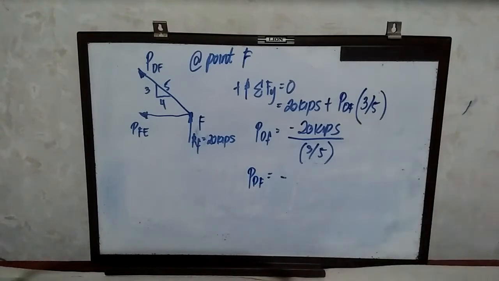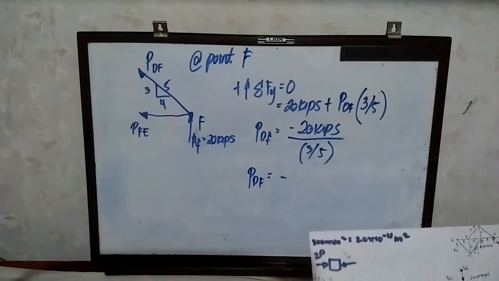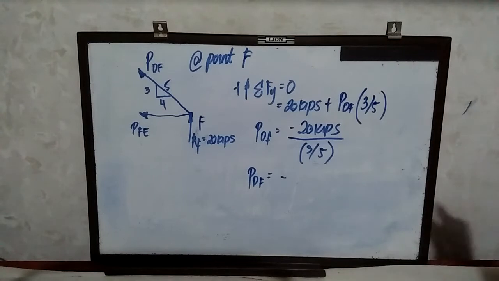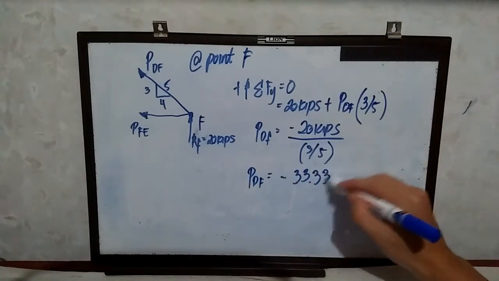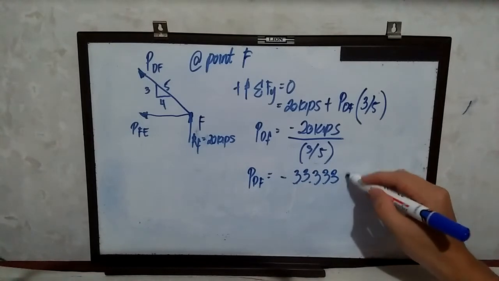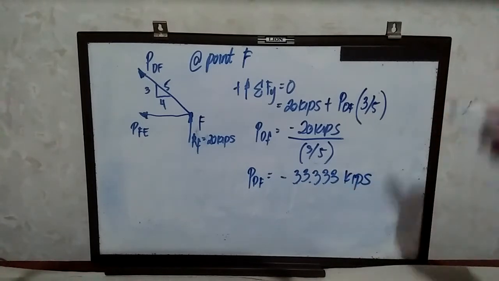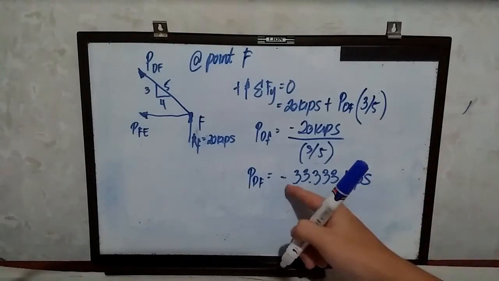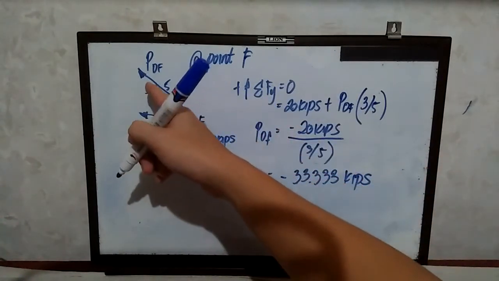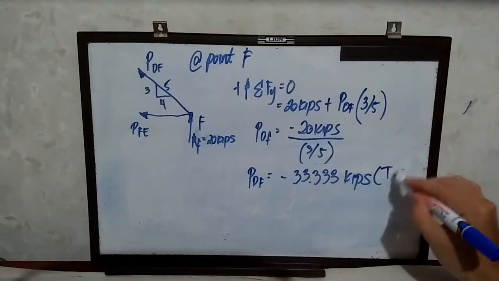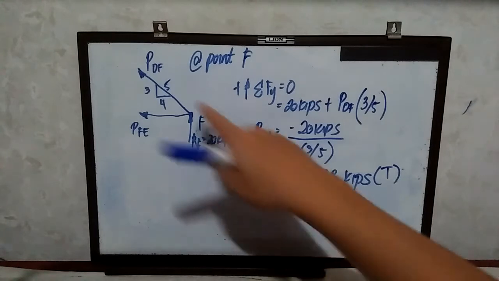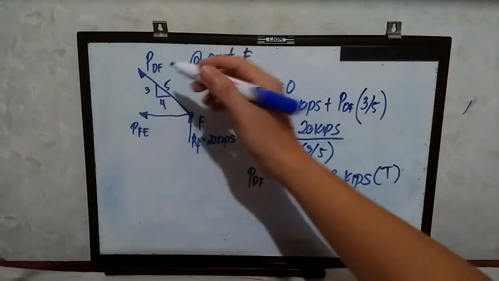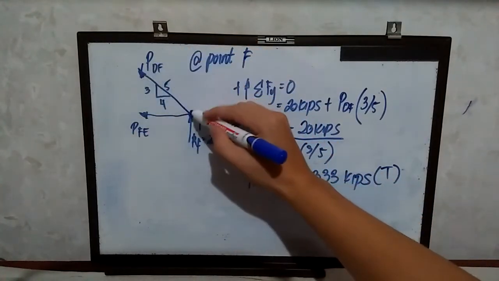Simplifying this, P sub DF is negative 33.333 kips. Our initial assumption was tension, so a negative value means that our initial assumption is wrong. This should be in compression.